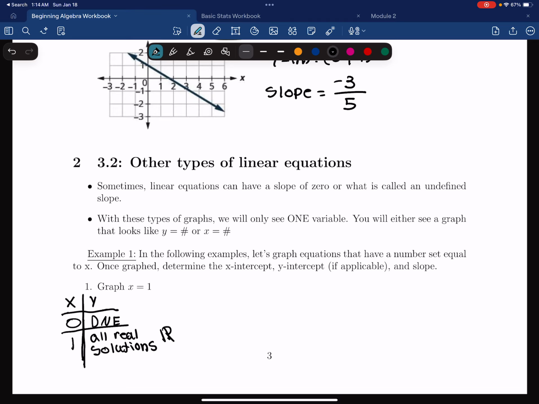But in this case, we can't plug in any value for x and get a true statement. If you plugged in 0, we get a false statement. Because we're making an XY chart, this means that when x equals 1, our y values can take on an infinite amount of solutions. Meaning when x equals 1, our y values are infinite.